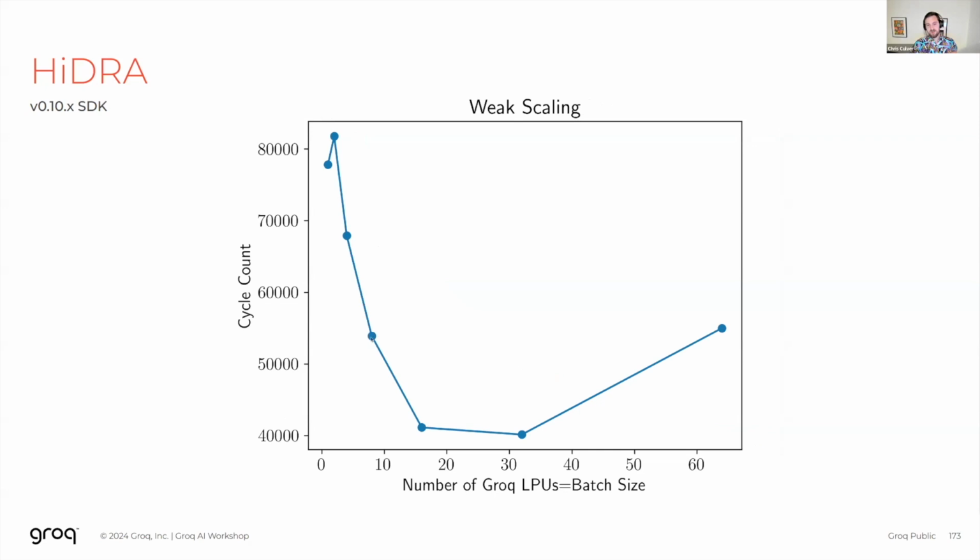This is why I stressed in the explanation of weak scaling that the algorithm and the implementation of the neural network is not fixed across all of these different dots, because otherwise you would never be able to exceed 100% efficiency. Technically, going from here to here, we have 200% efficiency. But again, this is because the compiler is going to do more inter-op partitioning or maybe some intra-op partitioning. It's going to do whatever it needs to do.